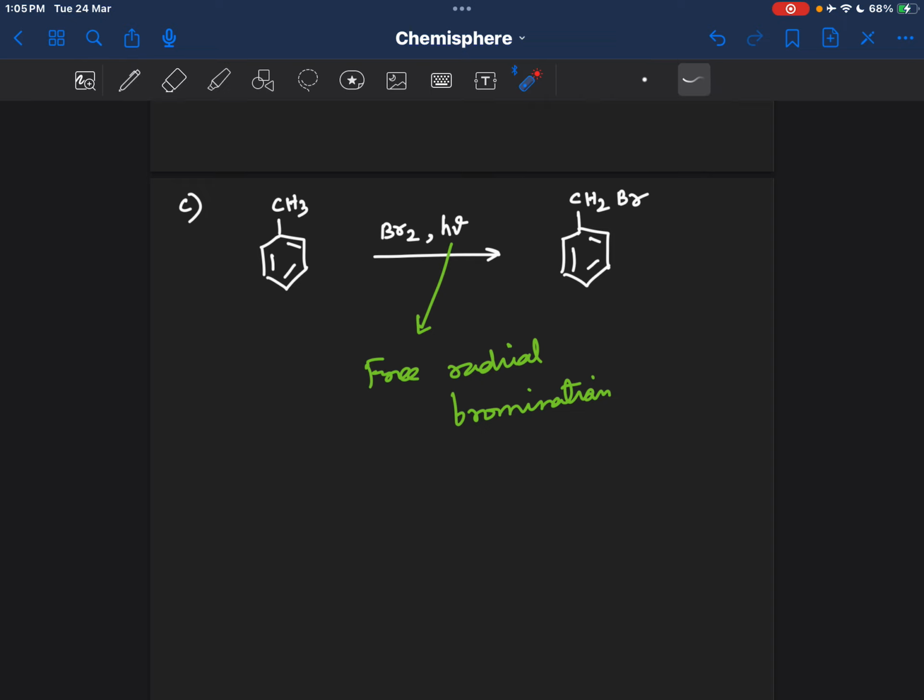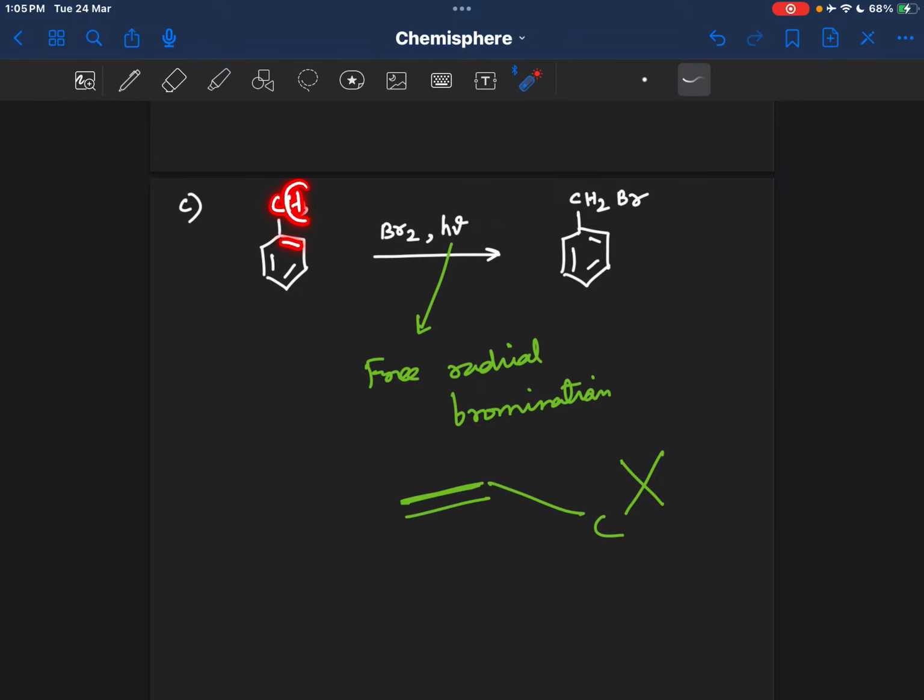Here obviously allylic is not possible, because in allylic the double bond should not be a part of the aromatic system. But here benzylic is possible. You can see this double bond is a part of the aromatic system and it is attached to a carbon which is attached to a hydrogen.